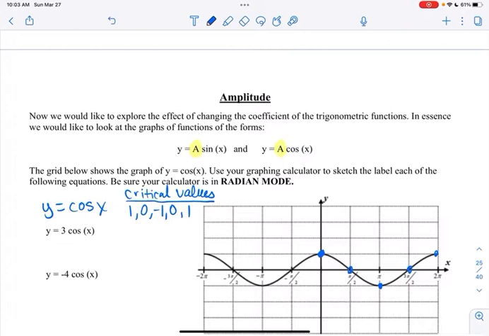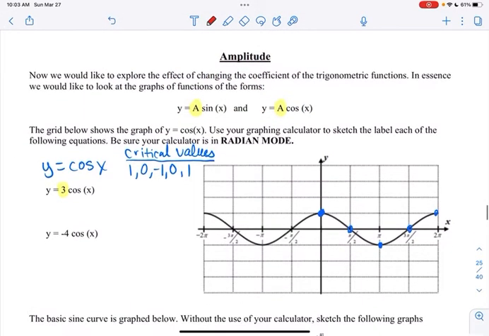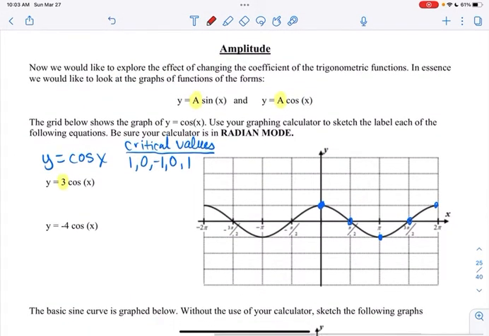If I have an A, so that is a coefficient in front, all you're doing is you're multiplying the critical values, and you can do this in the calculator if you want to see it for yourself. You're just multiplying those critical values by that coefficient. So 1 times 3 is 3, 0 times 3 stays 0, -1 times 3 is -3, 0 times 3 stays 0, and 1 times 3 is 3.